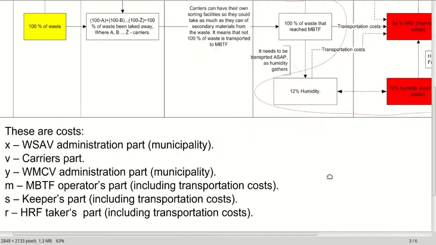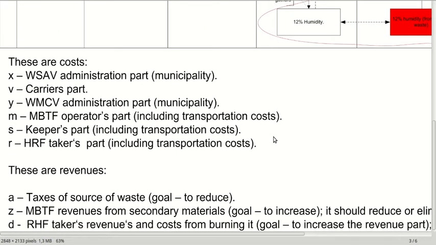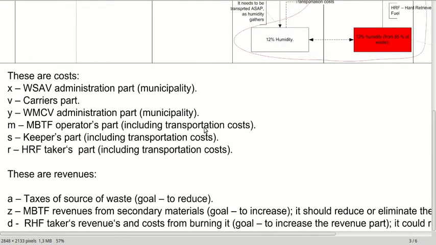Yeah, and here's the part where I wrote the costs and revenues, and my, let's say, thoughts on that.